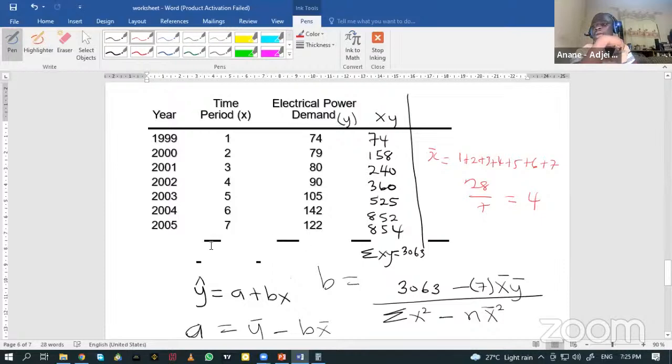So our X bar is equal to 4. So we come to our formula and we substitute X bar with 4.